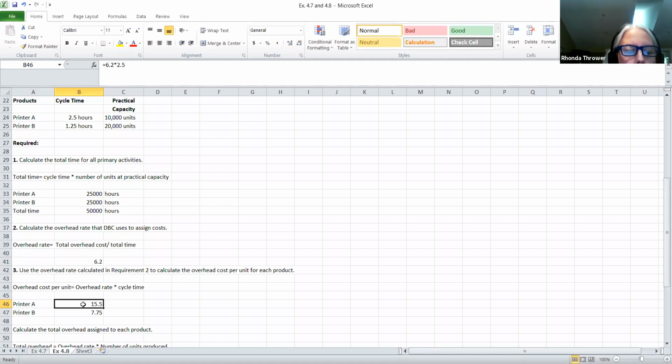Now, there's probably several different ways you could have come up with that, but this is what they emphasize in your textbook. And so just use this formula. It's kind of simple.